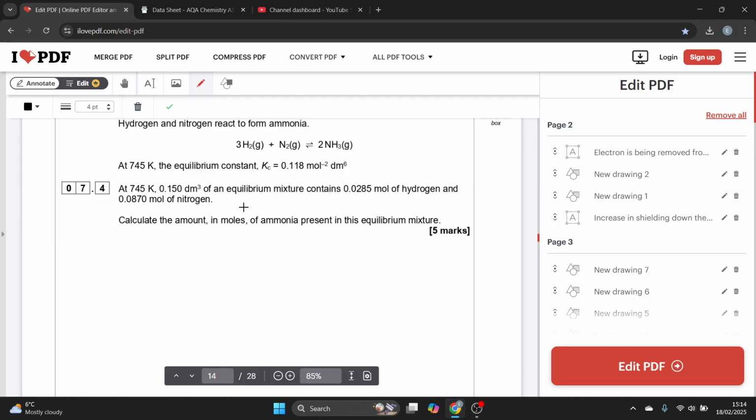And I know Kc at that Kelvin. I want to find out moles of this. First thing I would always do is construct the Kc expression.